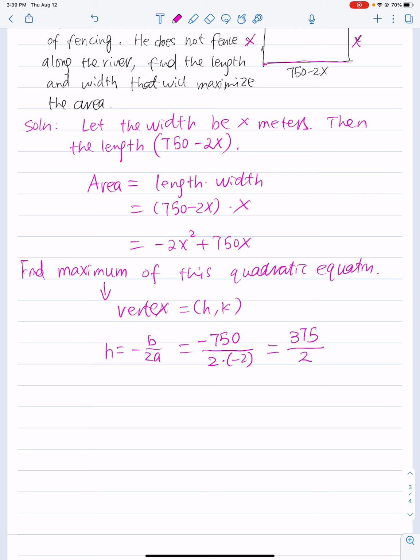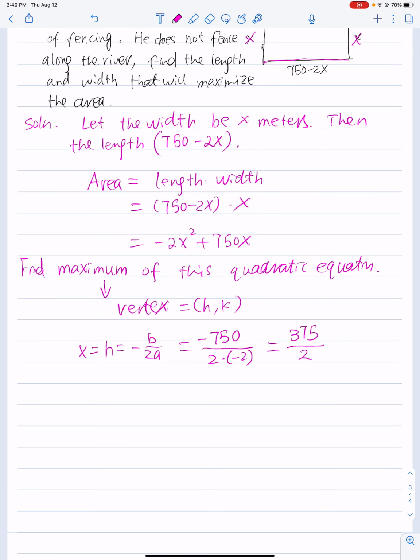Okay, so this is your x, x equal to h. This is when you have the maximum area. This x is also your width. So what will be your length? 750 minus 2x is 750 minus 2 times 375 over 2, the 2s cancel, so it's 375.